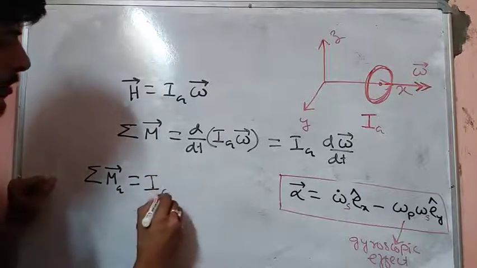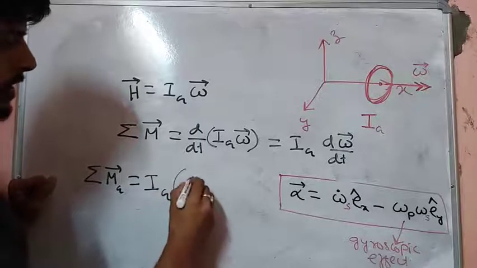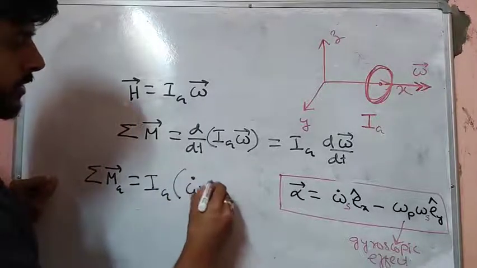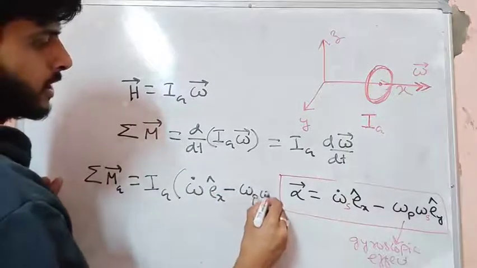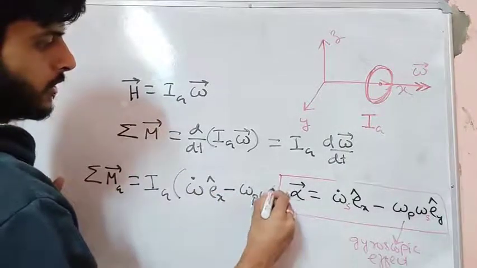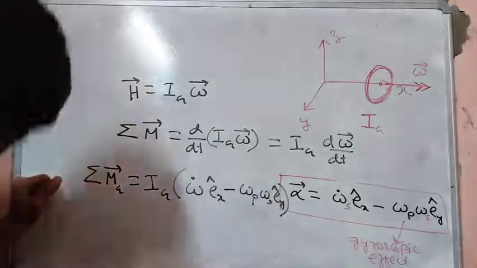Ig times omega dot Ex minus omega p omega s Ey. Okay.